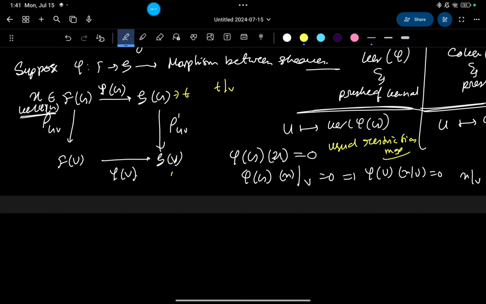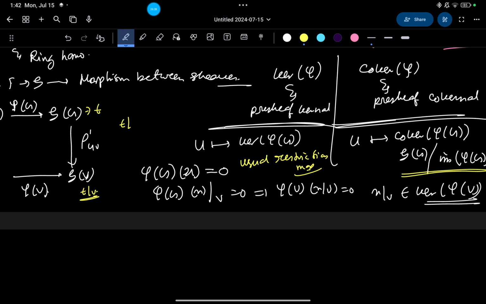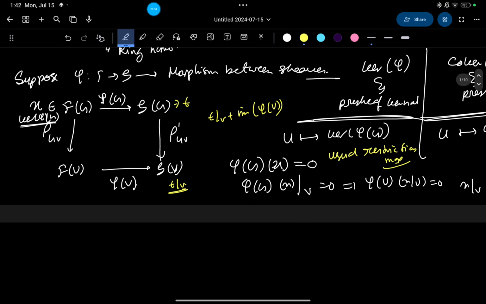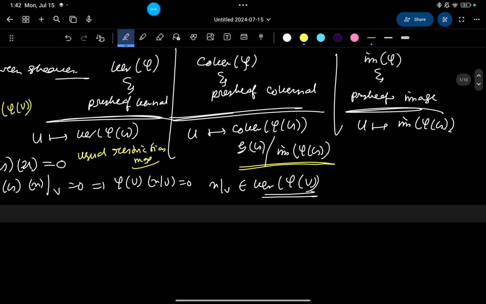I obtain it here. Then we can always talk about t restricted at V plus the image of phi of V, because the image of phi of V is an ideal of G of V. That's how we can define the image of a homomorphism. So here also it is the usual restriction, and similarly here also you can find that it is the usual restriction.